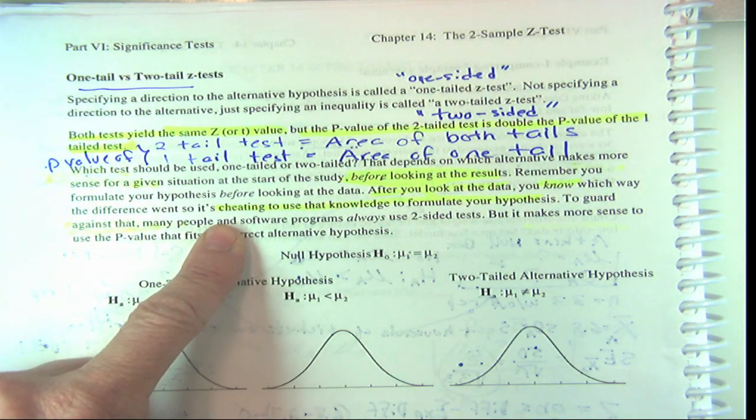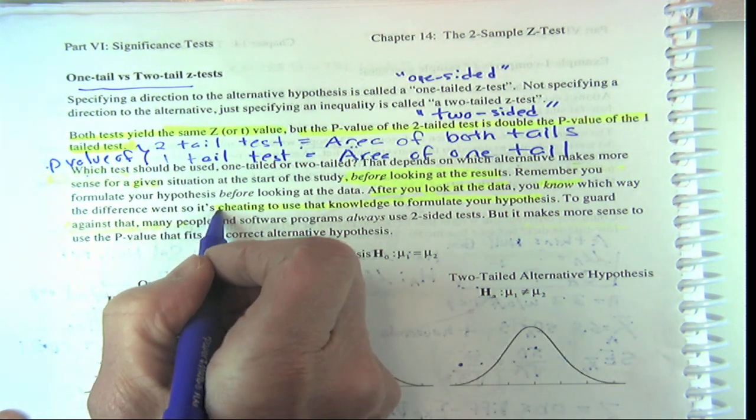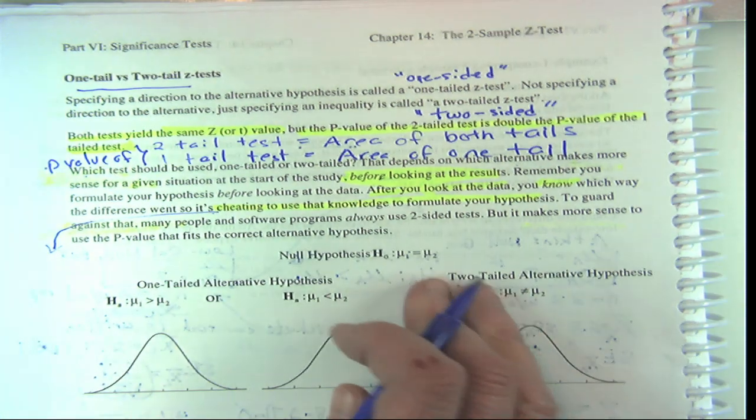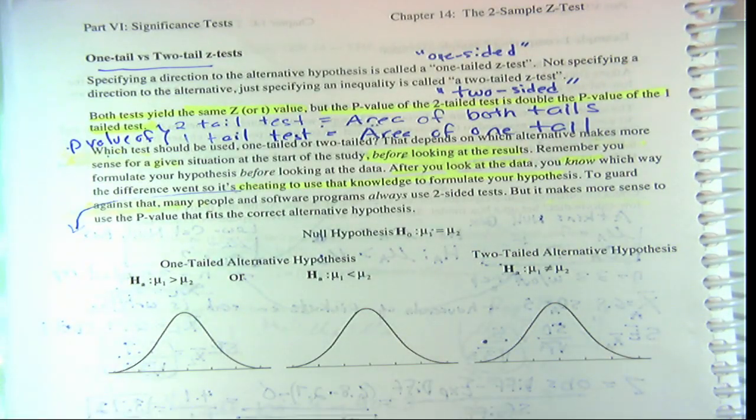Changing your hypothesis after looking at the data is very serious. You have probably heard the terms data snooping or p-hacking. It means that you're basically cheating.